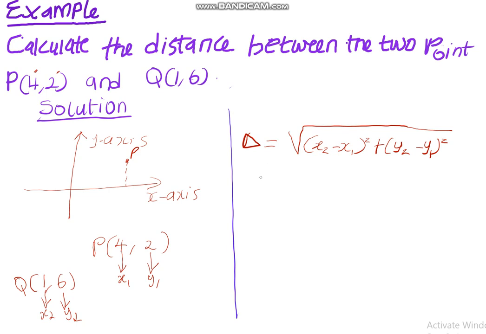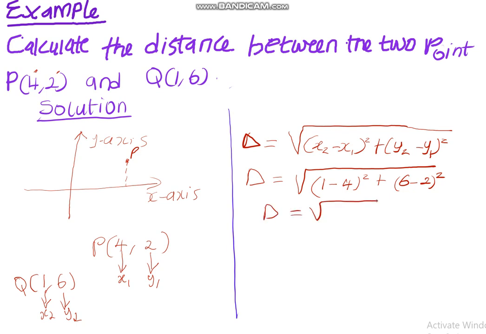Now we already have our values for x2, which is 1. Just plug it into the formula, which is 1 minus 4 squared plus y2 is 6 minus 2 squared. Now d is equal to square root of 1 minus 4 is minus 3 squared plus 6 minus 2 is 4 squared.